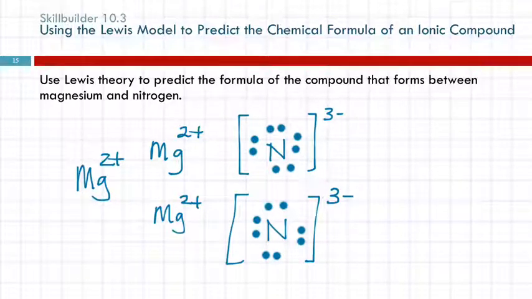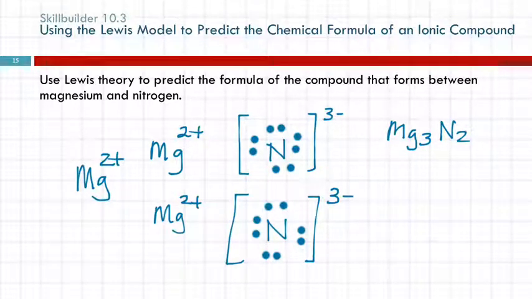I think that's cool. We can see how that happens. The relationship then, the formula, there's 3 magnesiums and 2 nitrogens.